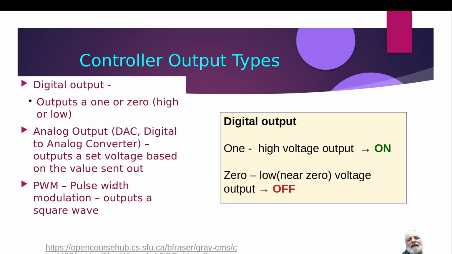Pulse width modulation is basically digital out, where you send out either a 1 or a 0, but you send it out in pulses, and the width of those pulses change. By doing this, we can send out instructions, or we can send out a kind of pseudo analog output.